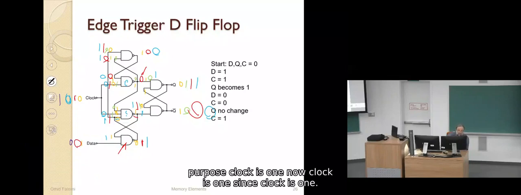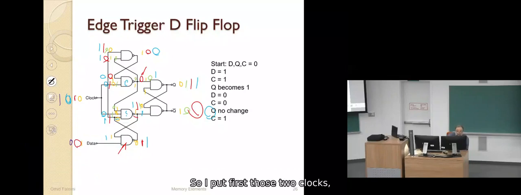Clock is 1. Since clock is 1, I put first those two clocks. This is 1, and also the clock goes to the up gate. These two are clock. Okay? Please stare at it so you don't lose where I write. So clock is 1.